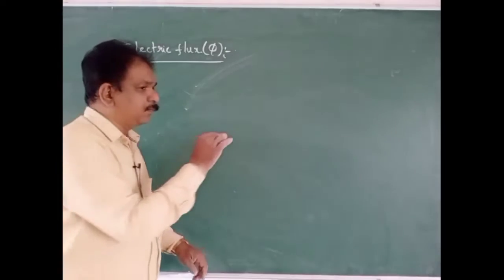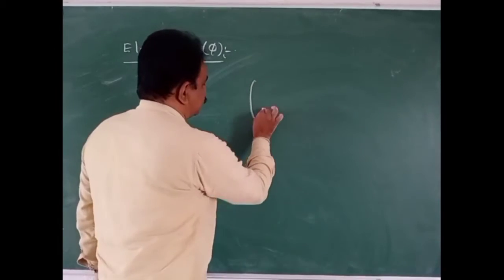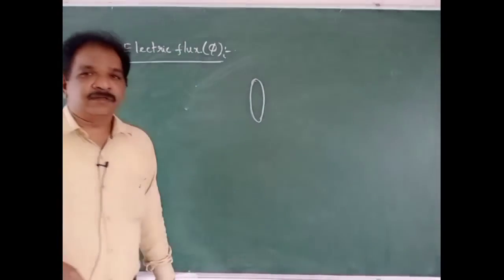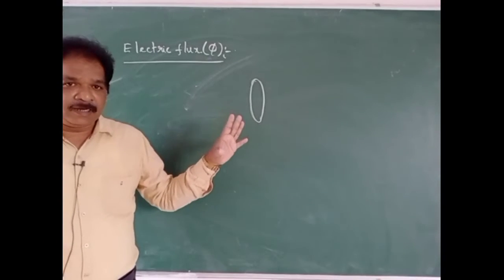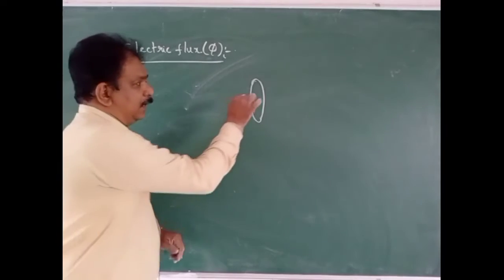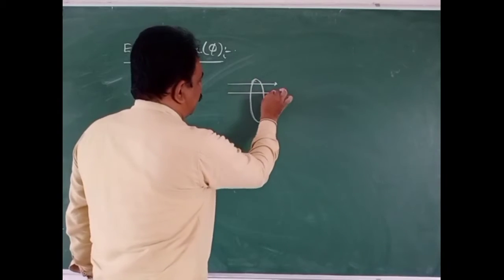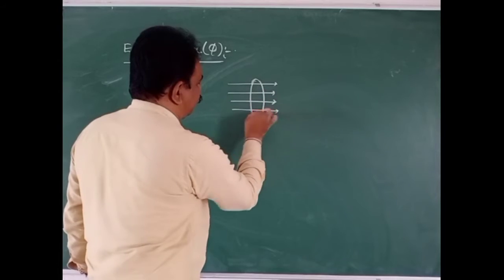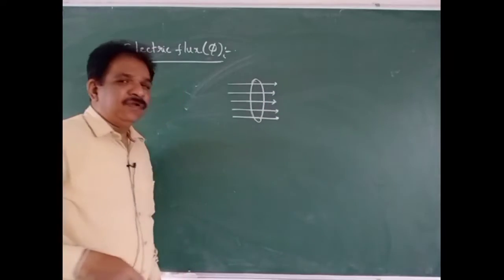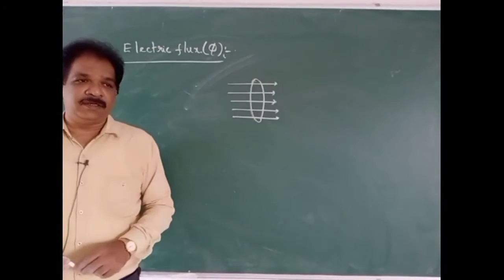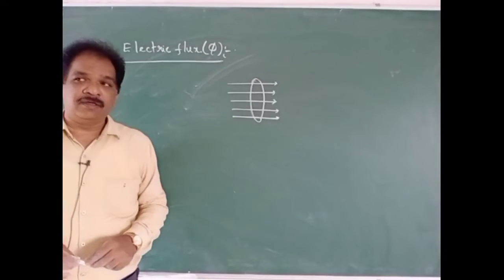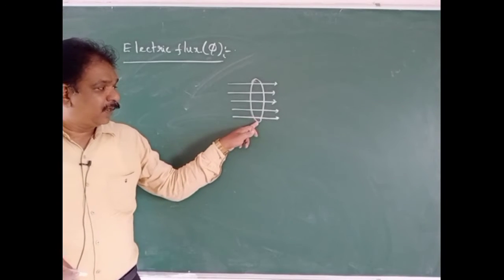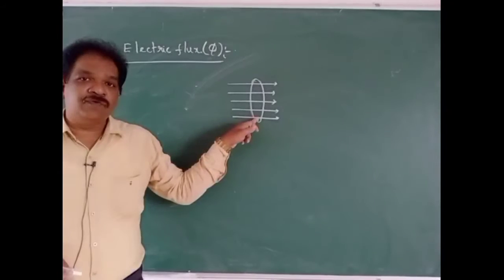For example, one circular plate is kept in the electric field. Then some electrical lines of force are traveling through that circular plate. Here 5 lines of force are traveling. Then what is the flux of this plate? 5.